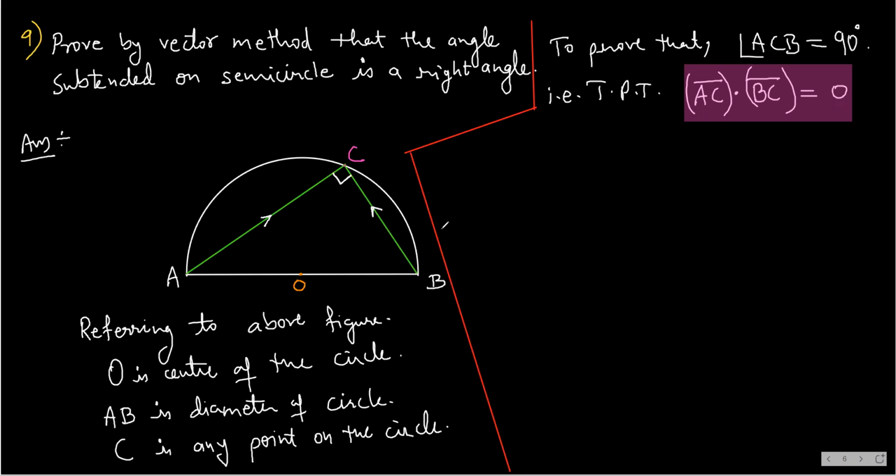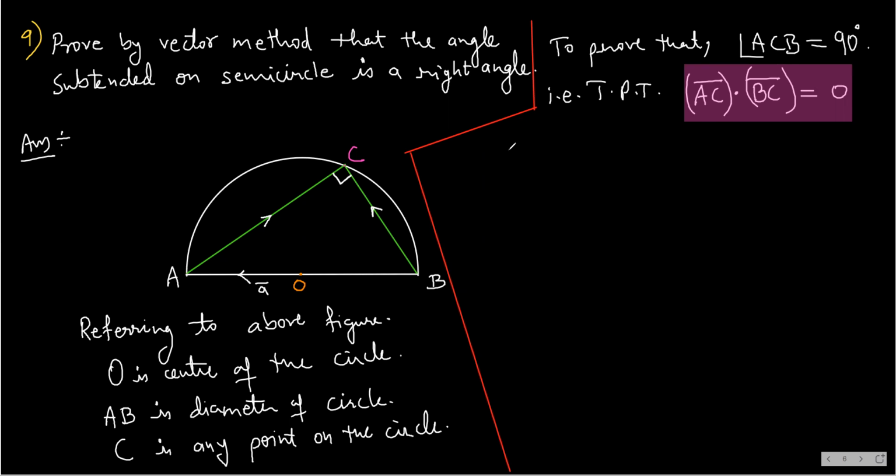So here I write, okay, students, O is the center, O is the origin. Now see the diagram. In the diagram, this vector OA bar is the position vector of point A with respect to O. So I can take that as A bar.